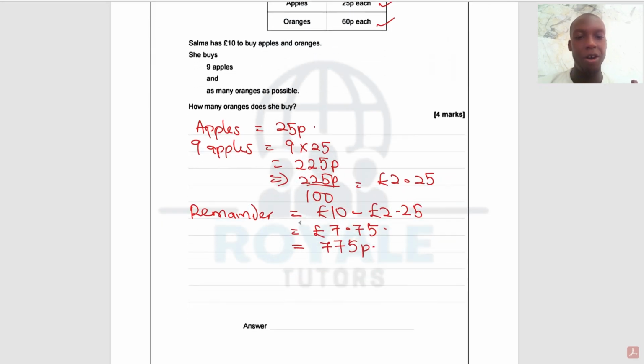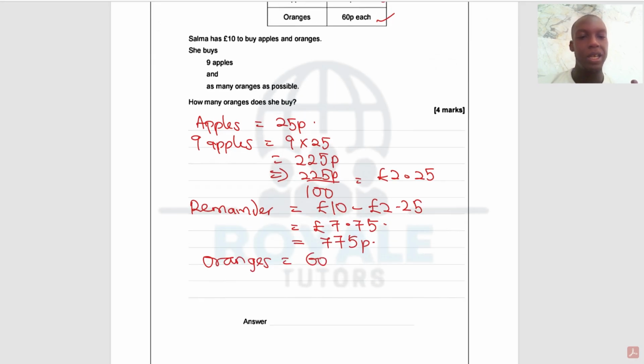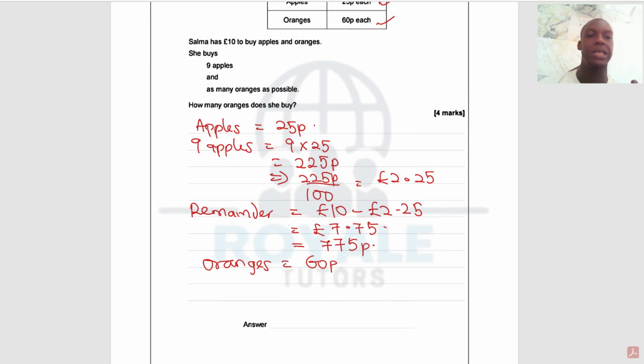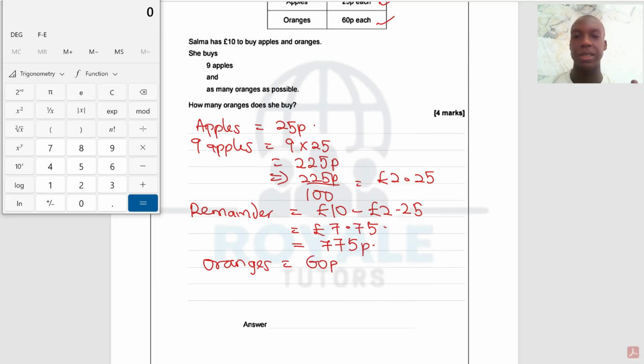Good. We know that oranges cost 60 pence. So how many oranges can I buy from 775 pence? So what do I have to do? I'm just going to say 775 divided by 60. Good, that's 12.91.